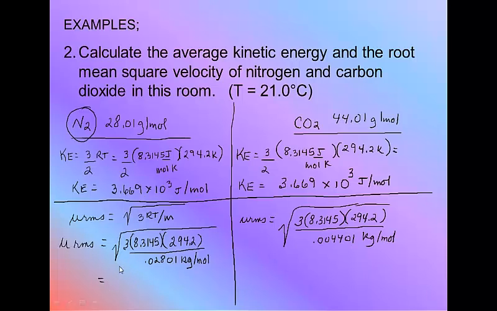Root mean square velocity for the nitrogen is going to be 511.8 meters per second, and the carbon dioxide is going to be 408.3 meters per second. So yeah, faster, went farther in the same time frame, 1 second. The nitrogen gas is lighter, and the nitrogen gas is faster.